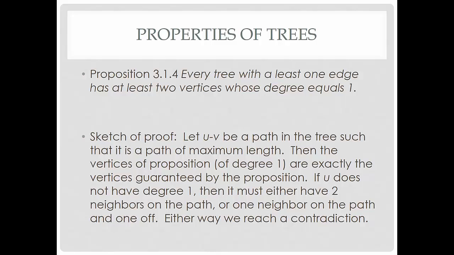If its other neighbor is also on the path, then you'll generate a cycle. And since this is a tree, that can't happen. So its second neighbor must be off the path, but then that contradicts that this is a path of maximum length. So you get a contradiction either way. And hence every tree has at least 2 vertices whose degree equals 1.